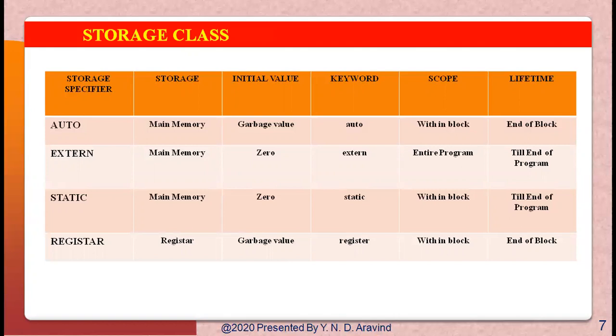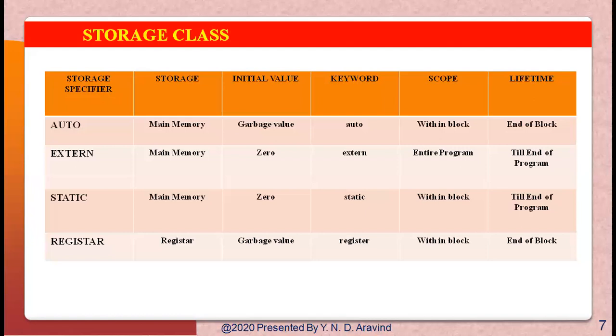For auto and register, the initial value is a garbage value, whereas in the case of extern and static, the initial value is 0. Auto is declared with the keyword auto, extern with extern, static with static, and register with register.